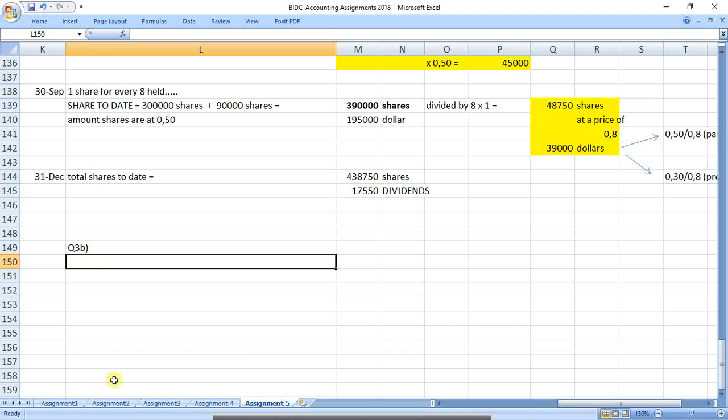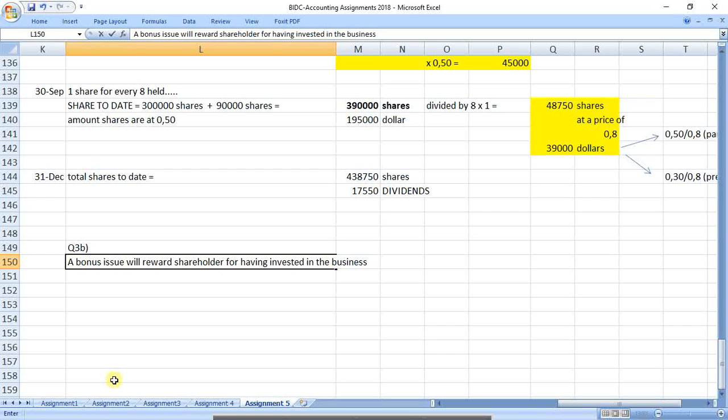Alright, so if we look at a bonus issue, you can say a bonus issue will reward shareholders for having invested in the business. Because this is looking more at the financial management, right?